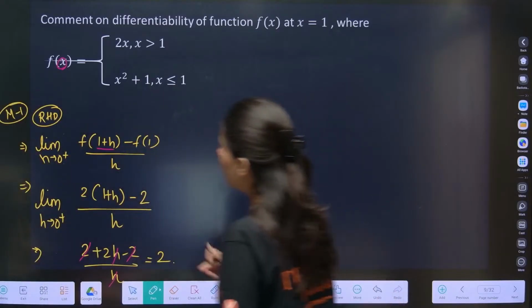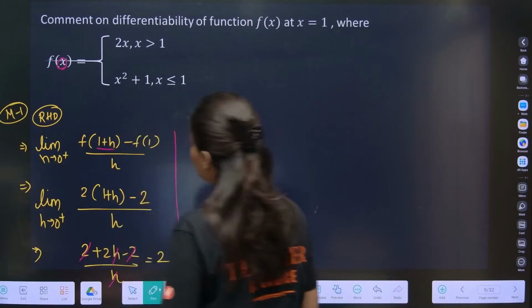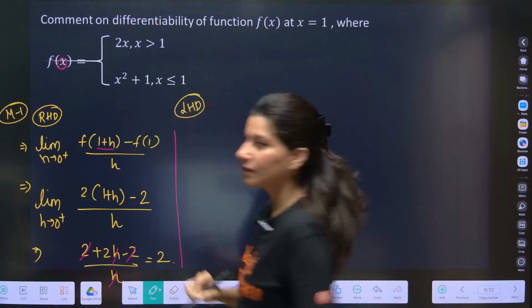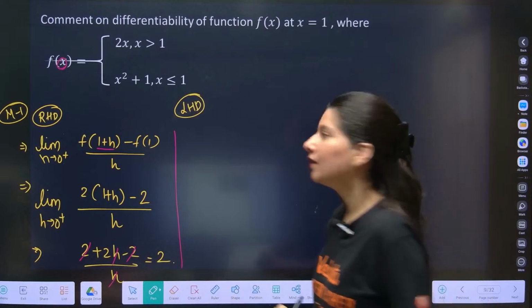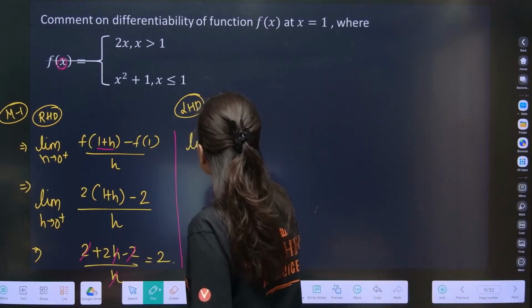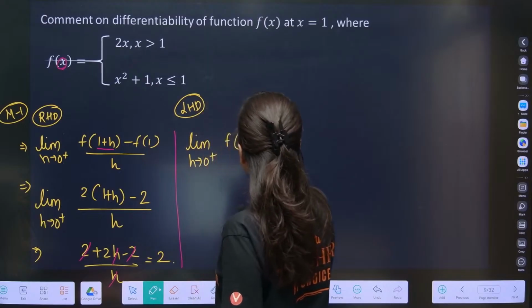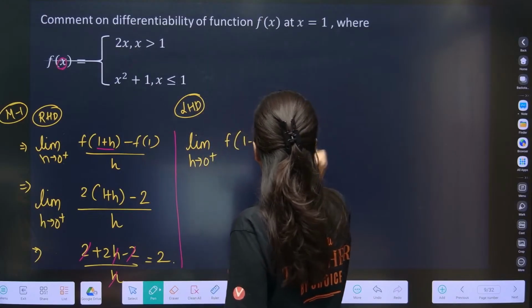Now let's talk about the left hand derivative. Limit h tends to 0 plus, f of 1 minus h minus f of 1 whole upon minus h.